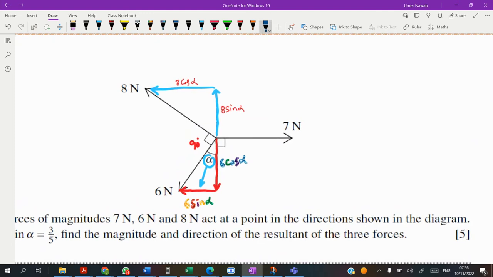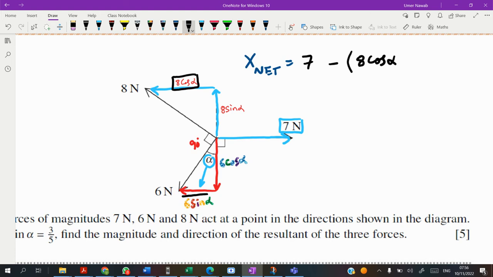I want you to tell me what is x net now. X net is, we have 7 newtons to the right minus 8 cosine of alpha and plus 6 sine of alpha.